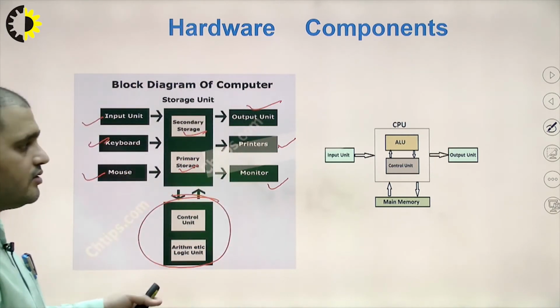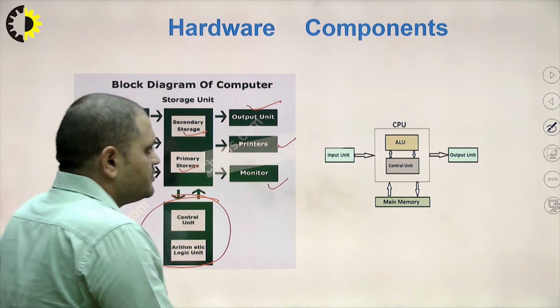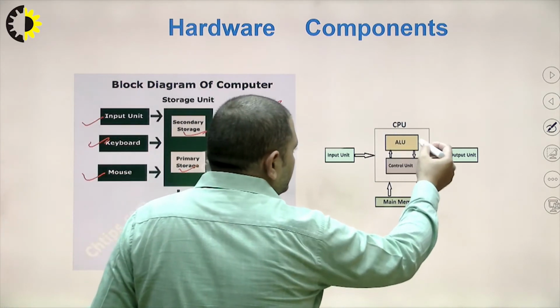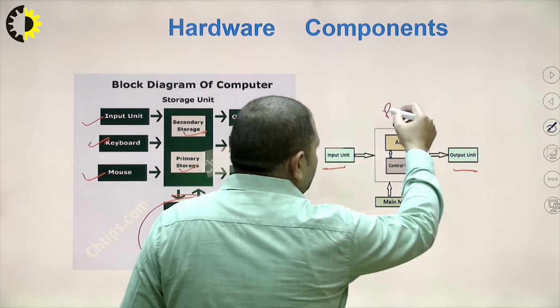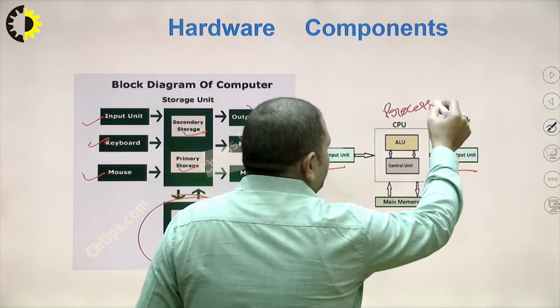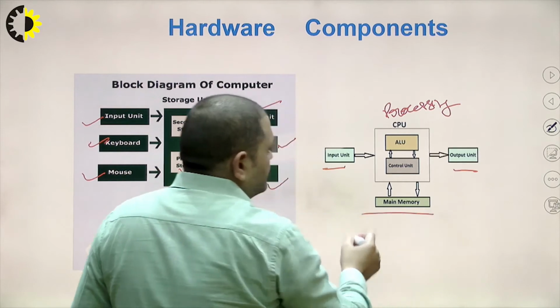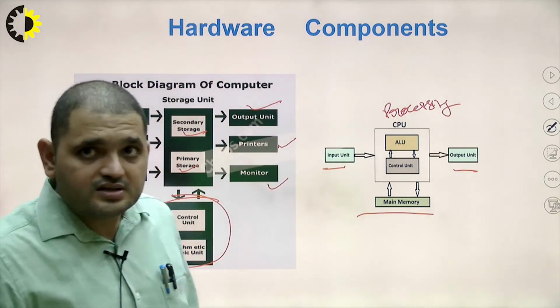So this is how a computer works. Basically this is a CPU which contains an ALU and control unit, then from input and output, here processing is being done and main memory is being used by this CPU.